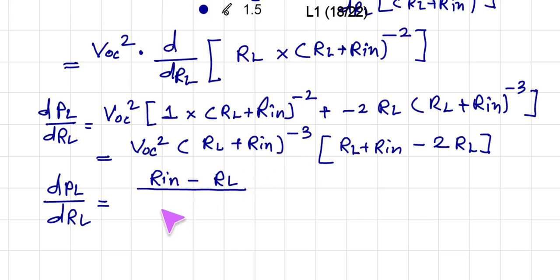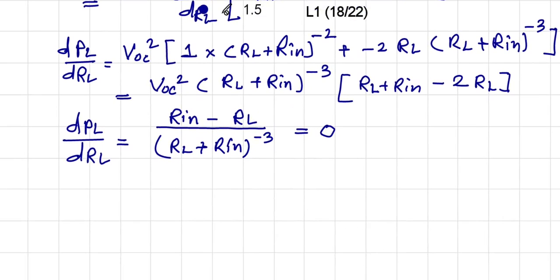(Rin minus RL) divided by this term, (RL plus Rin) raised to minus 3. According to the maximum power transfer theorem, the power will be delivered maximum when dPL by dRL is equal to 0. From this equation we can see that this value will become 0 only when this term is 0, and this term is 0 only when Rin is exactly equal to RL.